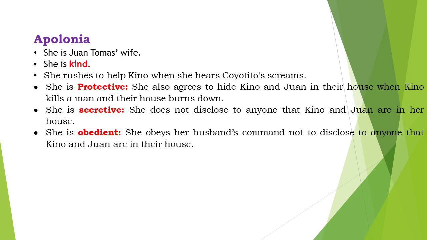She is secretive, and we also notice that she is obedient. She does not disclose to anyone that Kino and Juana are in her house. In the same vein, she obeys her husband's command not to disclose to anyone that Kino and Juana are in their house.